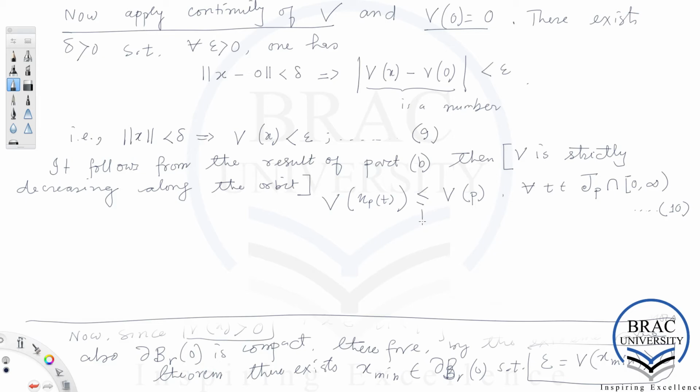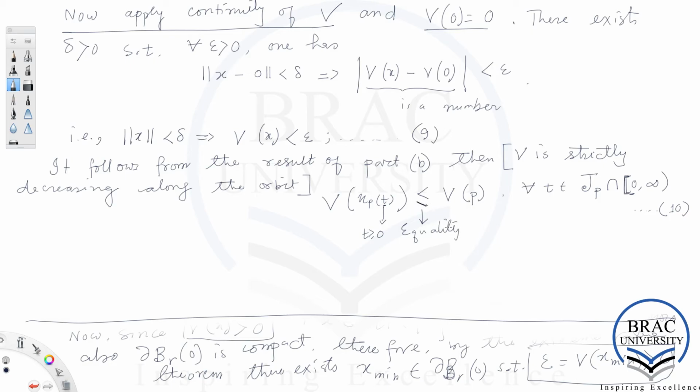And this equality holds because here t is not strictly greater than 0. T can be equal to 0, since t is greater than or equal to 0. This 0 is inclusive, and for that reason you have an equality here.